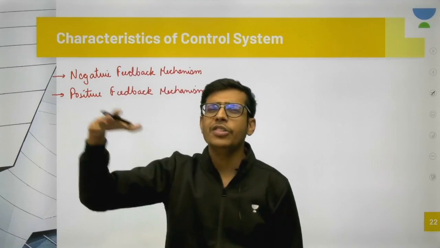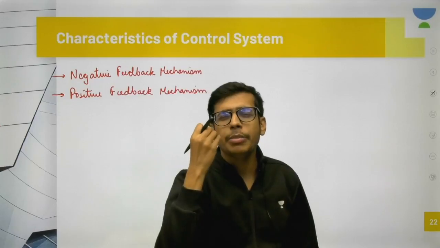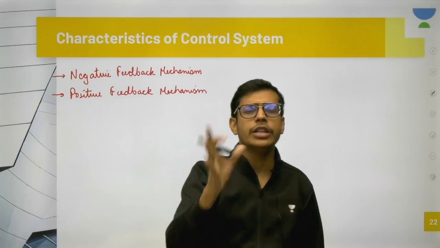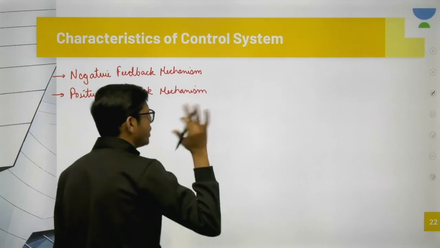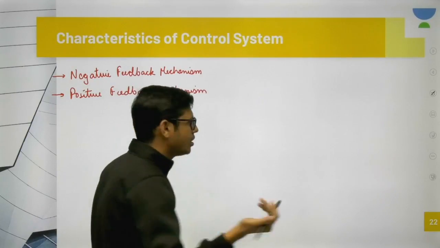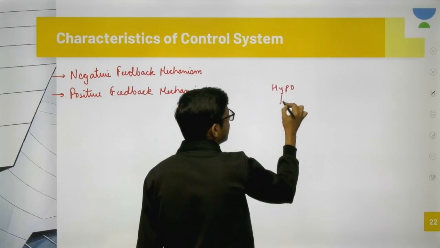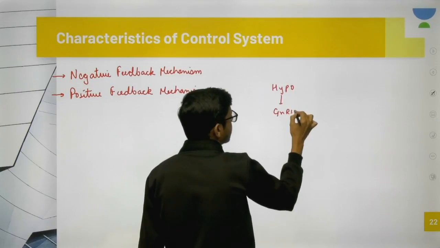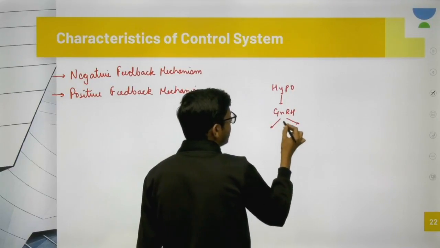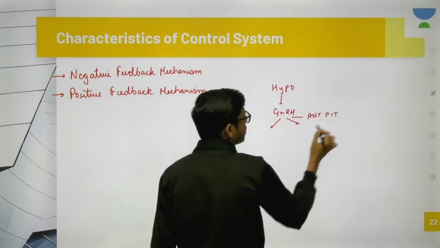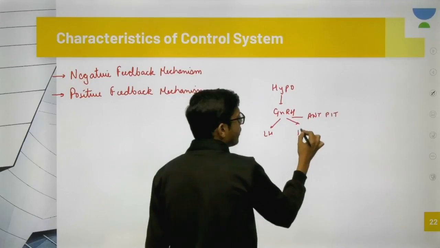If you remember any hormone action, any control system. Suppose I'll give you one example. You have read it in reproduction in lower classes, right? My hypothalamus releases GnRH. Now GnRH acts on the anterior pituitary to release LH and FSH.